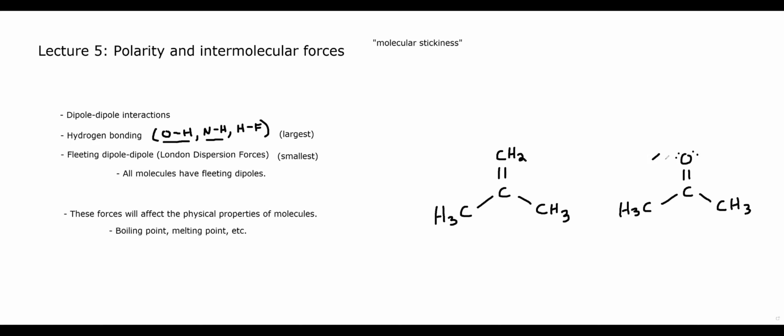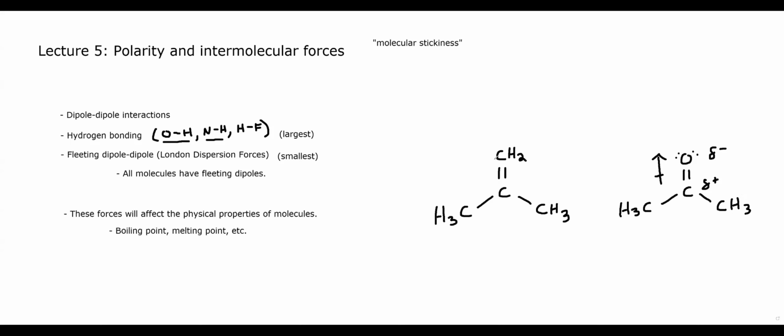But on the right here, we do have a dipole. We have a dipole towards oxygen, which gives oxygen a partial negative, and it gives this carbon a partial positive. And what about hydrogen bonding? In this case, we don't have any OH or NH bonds, so neither one has hydrogen bonding.